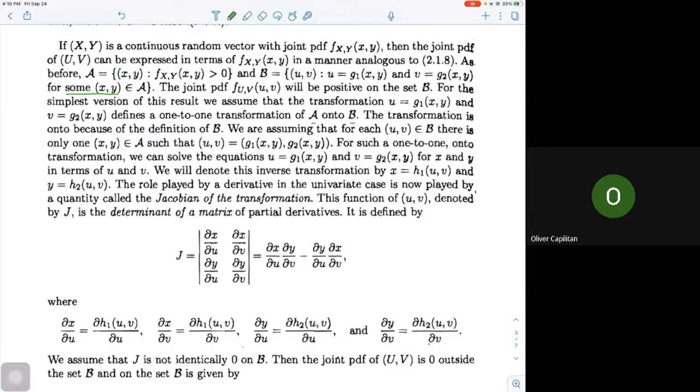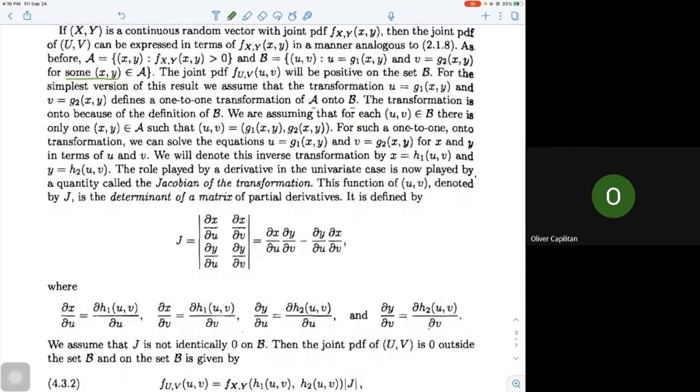And then for a one-to-one transformation, we know that if we have u equal to g sub 1 of XY and v equal to g sub 2 of XY, then we have only one XY.